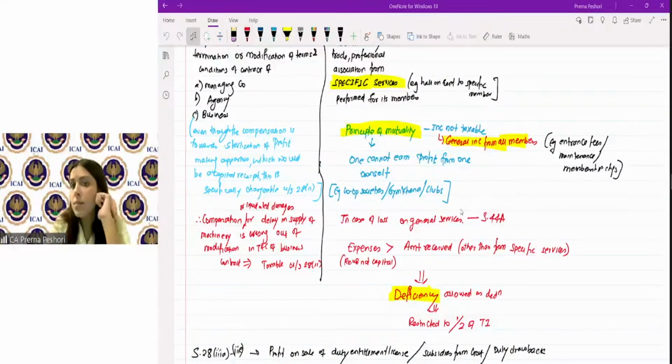Now, whether it will be taxable in other sources or PGBP? Whether that shall be taxable in other sources or the PGBP?